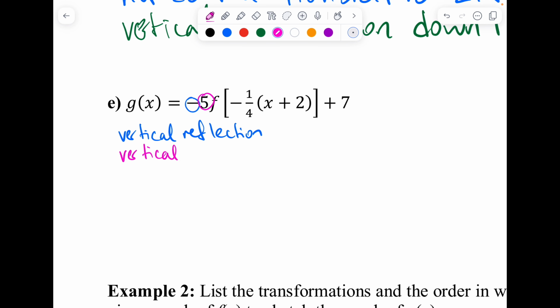And multiply by 5 means it's a stretch by 5. Okay? Next thing, there's a negative with the x inside the function. So that means there's a horizontal reflection.